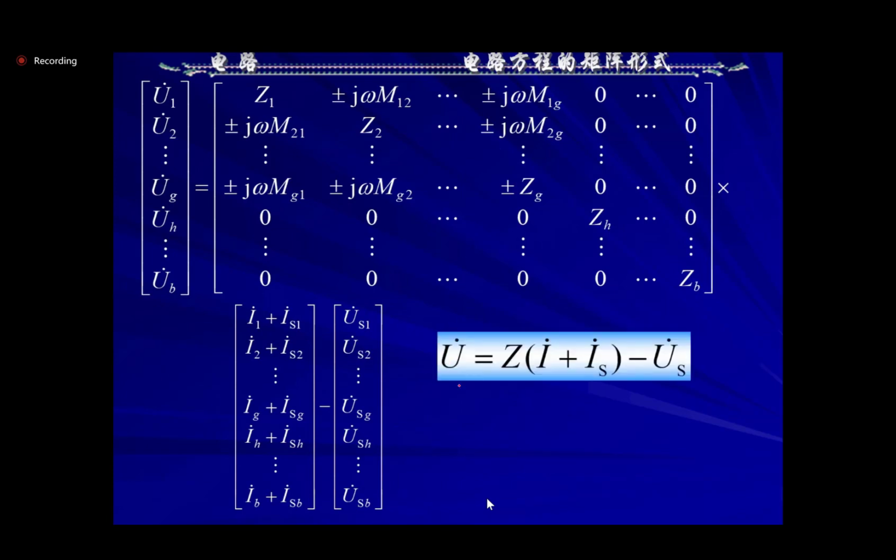But the total function is the same. Only the Z matrix changes. For case 1, it will be diagonal. For case 2, it's not diagonal. But it is still symmetric. This one equals this one, and this one equals this one.